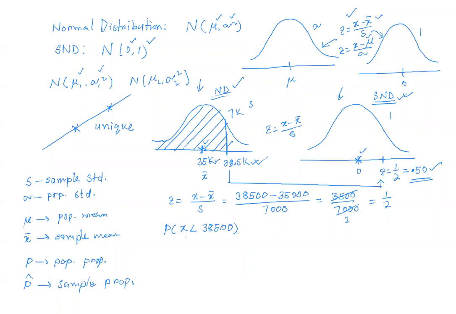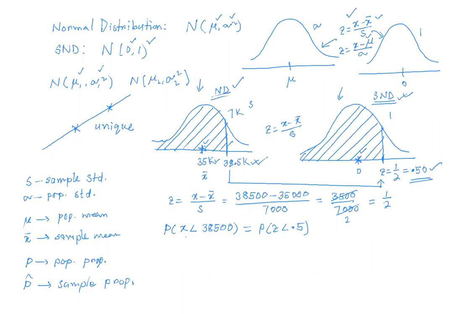So this is the same as probability of Z less than 0.5. Now remember, 0.5 is right here, and this is the area I'm talking about. Everything to the left. Now, these two shaded regions in terms of area are exactly the same, in terms of area or percentage of area under the curve. So you can go ahead and see what it is.